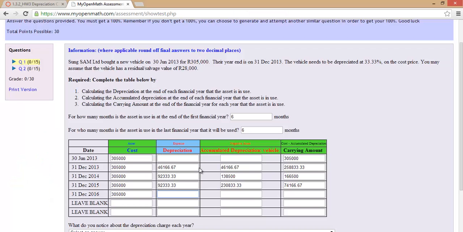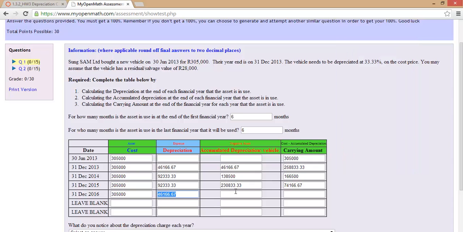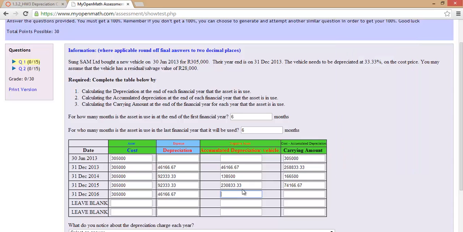So let's put this in, 46,166.67. My accumulated depreciation is now, grab the calculator here, 230,833.33 plus this 46,166.67, and that is exactly 277,000.